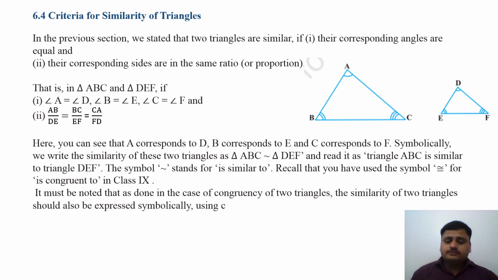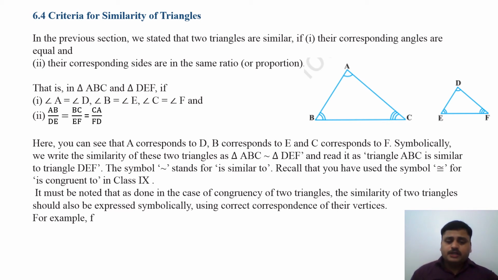And usually the very important thing is correspondence. I keep on repeating it from the beginning, using the correspondence. It is very important. You need to think about the correspondence of their vertices.